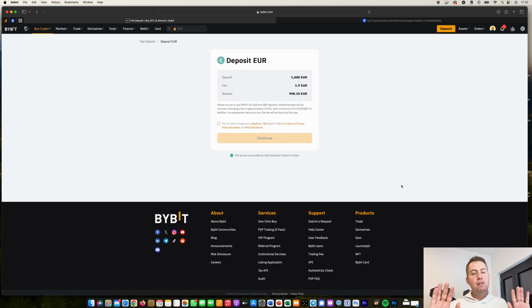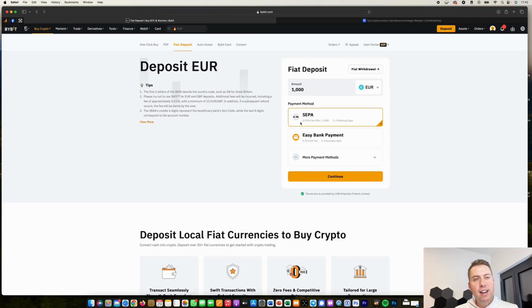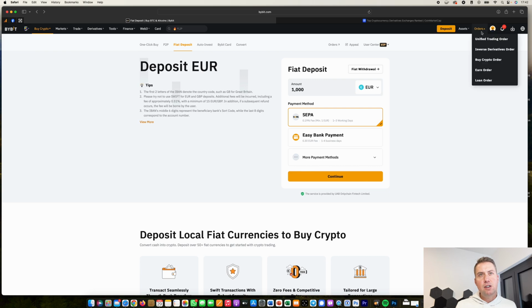Then you need to agree to the terms, and in the next step they will show you the data where you can send the money to. That's basically it. It usually takes about 1 day until you have the money in your account, and then you can start trading.